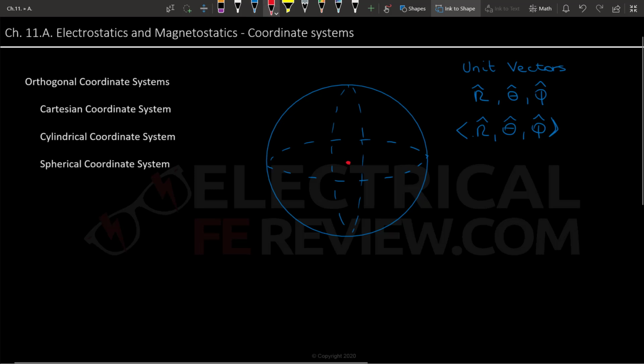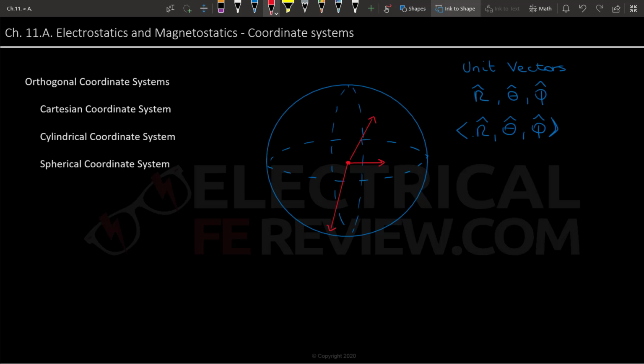So the capital R hat is going to be very similar to what the lowercase r hat in the cylindrical coordinate system represented. However, it is going to be different in the sense that it is no longer going to be limited to the 2D plane. So it's no longer a radius that can just do this. It is a radius that can go outward and upward, like so, and basically any direction within the sphere.